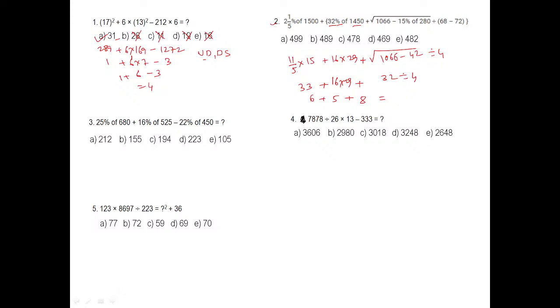So 8, 6, 11, 11, 9, and this is 33. This is 5 into 15, 33, 16 into 29, right? So this is 7, 7 into 2 means 14, 1 plus 5, 4.